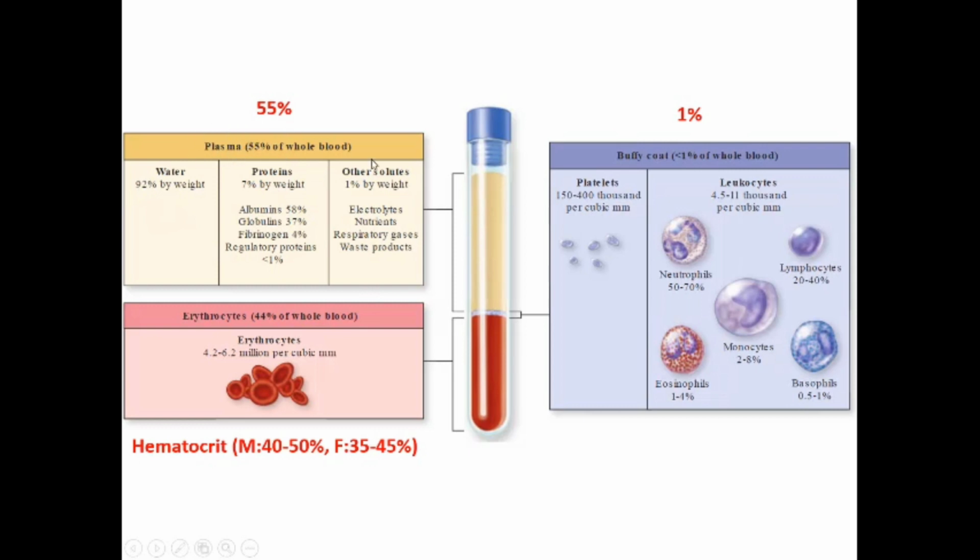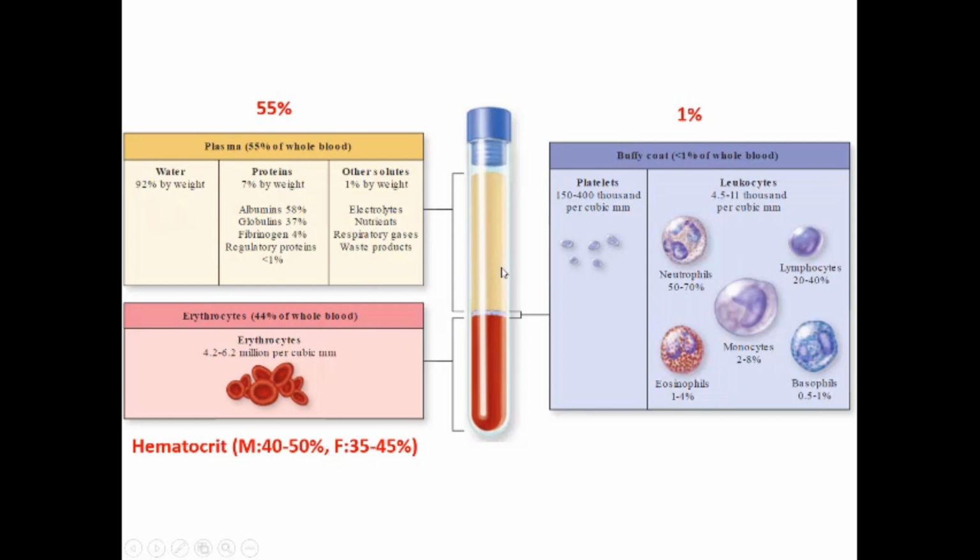The plasma makes up 55% of blood volume. 92% of plasma is water, 7% of it is protein, and 1% belongs to electrolytes, nutrients, respiratory gases, and waste products.